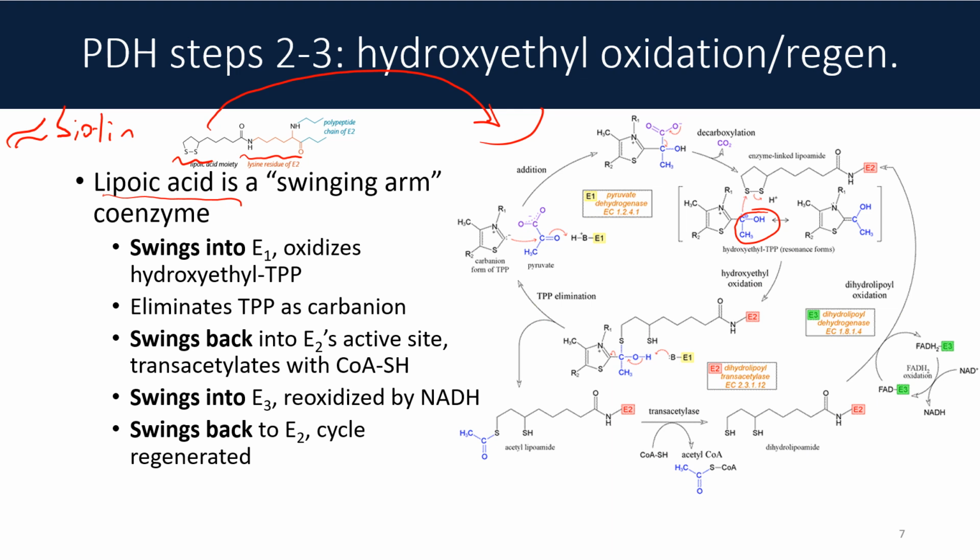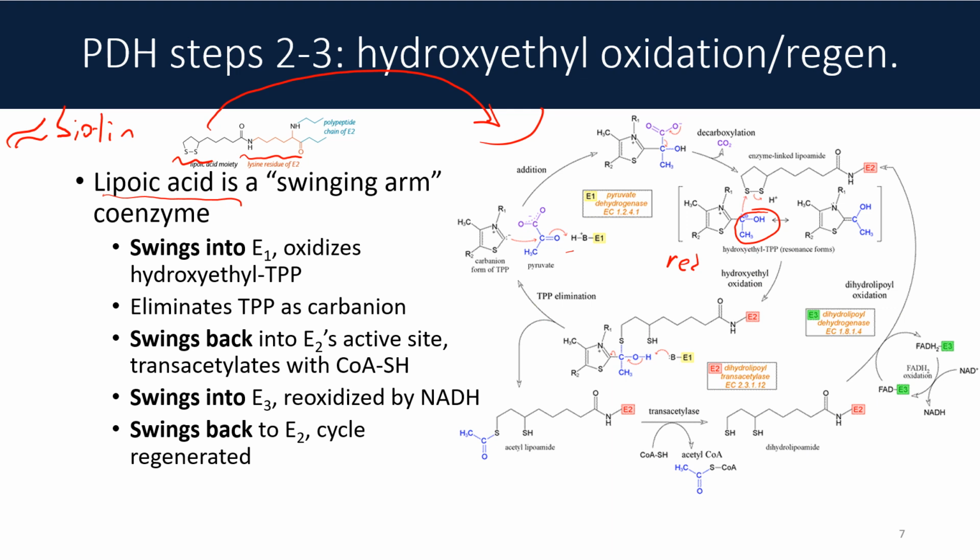The carbanion forms a covalent bond with our pyruvate molecule. Once we do that, the negative charge on the carboxyl will swing down and break it off, yielding a hydroxyethyl intermediate. Okay? This hydroxyethyl intermediate is reduced.